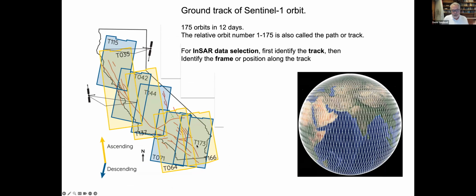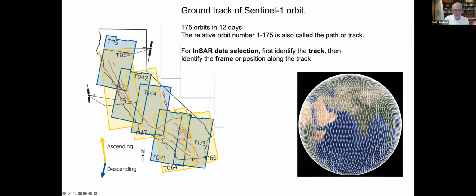What does this track number mean? That just means the number of orbits along this path here when they started counting. So the tracks can go from 1 to 175 for the Sentinels because there's 175 orbits in 12 days. So this is the 173rd orbit along that track.